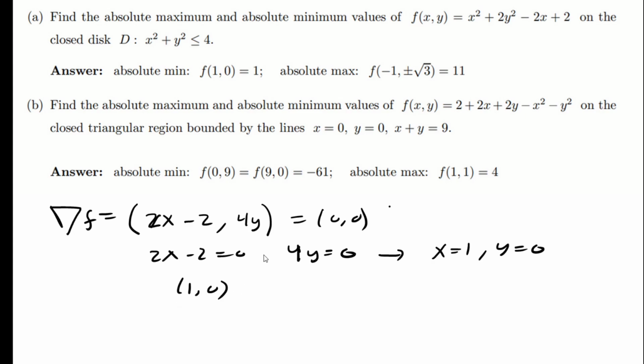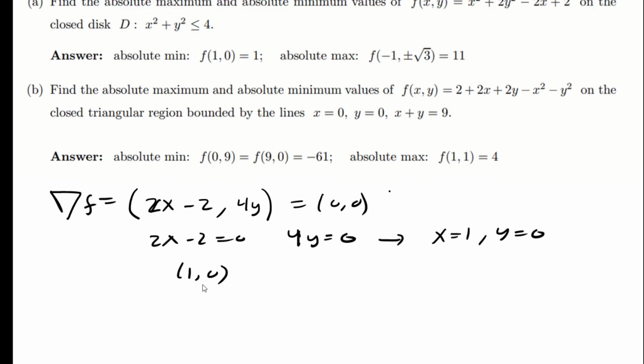Okay, we need to do the same thing as before. We need to know if this is a maximum or... no, you know what? We don't need to do that. Now I need to find the maximum and minimum values on the perimeter. So I could do this two ways.